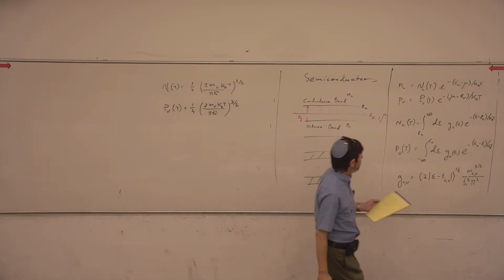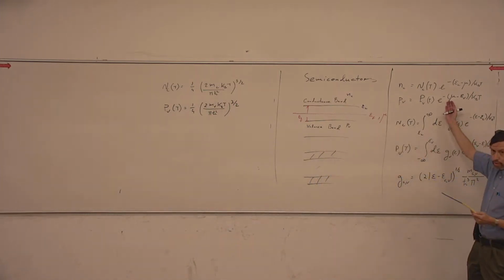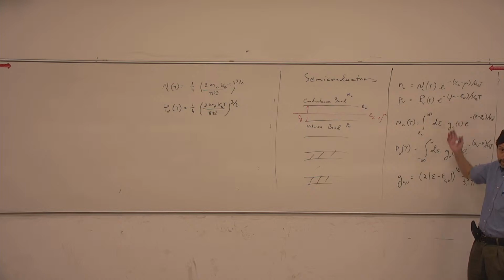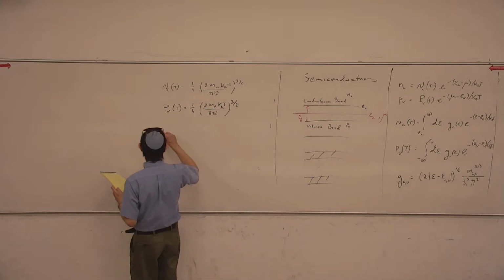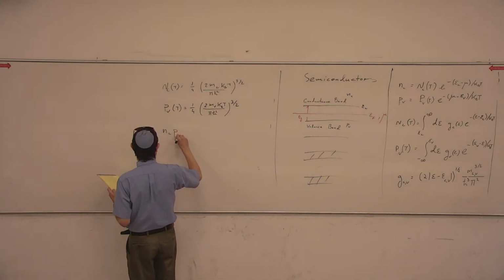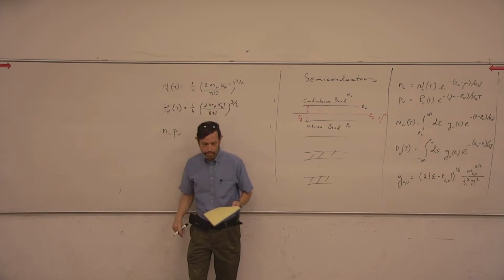Okay, that's nice, but if we want to know the occupation, we can't avoid determining mu. But here I can use the following observation. Let's look at what happens if I multiply NC by PV.